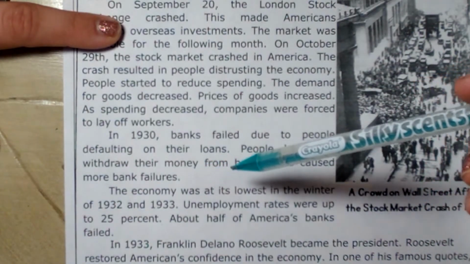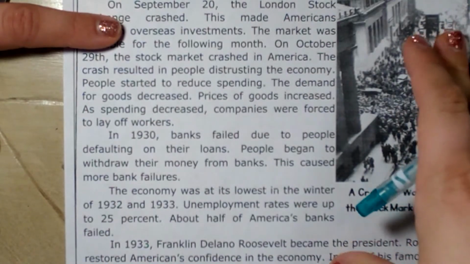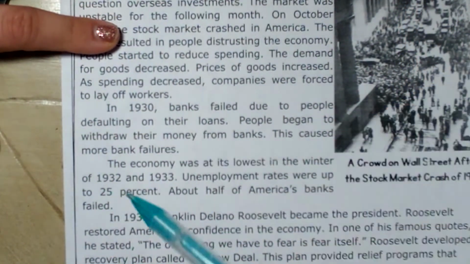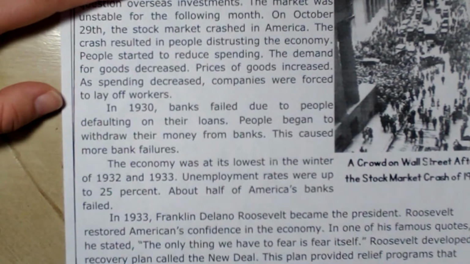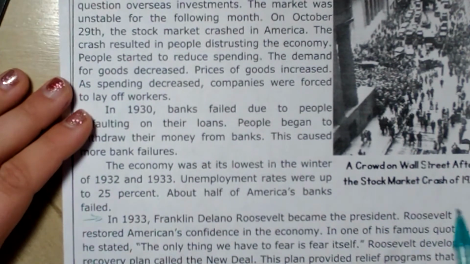The economy was at its lowest in the winter of 1932 and 1933. Unemployment rates were up to 25%. About half of American banks failed. In 1933, Franklin Delano Roosevelt became the president. So the question is, what happens after? Okay, so this is where I want to start.